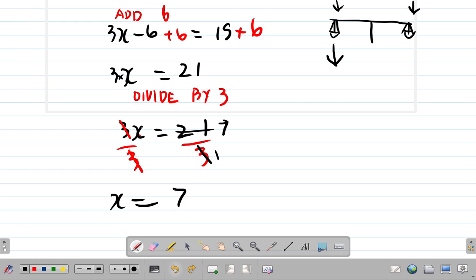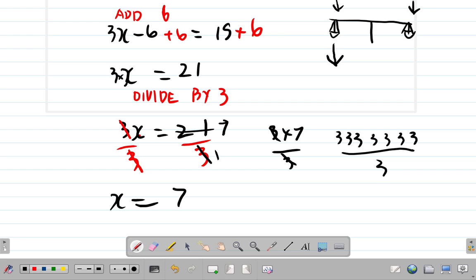So remember now, you have 7 3's here because 21 is really 3 multiplied by 7. Divide by 3 and you cancel. Or you could consider you have 3 plus 3, 6 plus 3, 9 plus 3, 12 plus 3, 15, 18, 21.